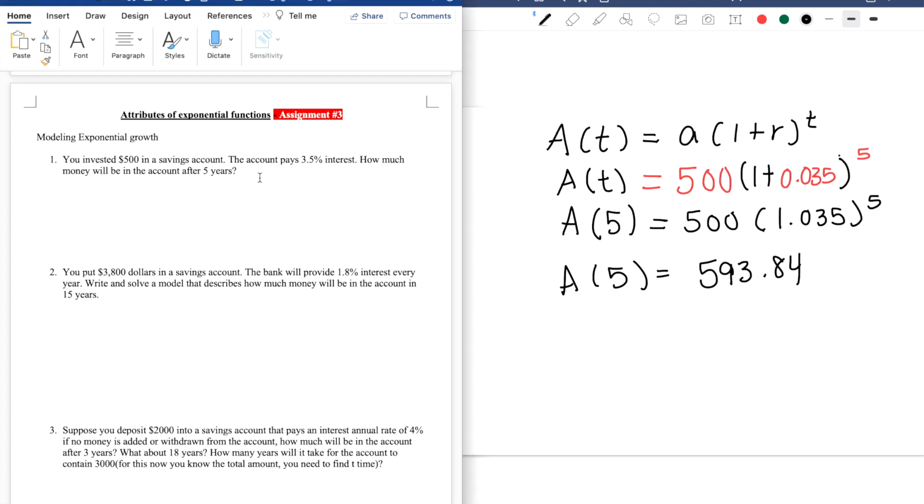So all you have to do is type up your work. For the exponent, just do shift 6, and that little up arrow represents the exponent, so it's perfectly fine.